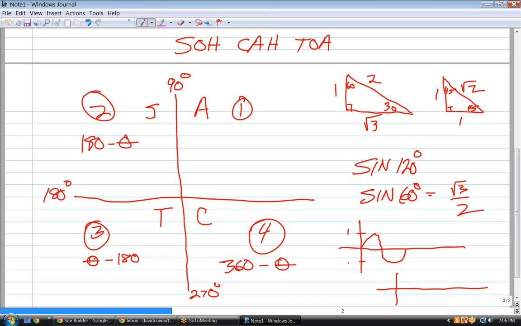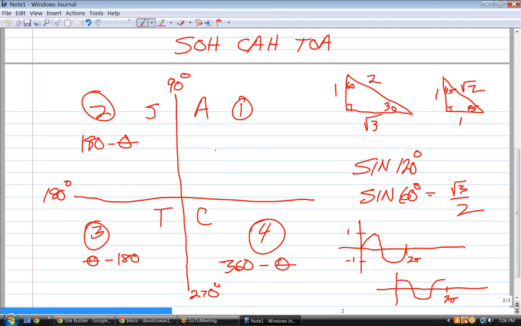In other words, pi over 2, pi, 3 pi over 2, and 2 pi, switching to radians. This is always 2 pi here. In fact, you can almost imagine these graphs come from taking the unit circle and pulling it, and it creates this wave.